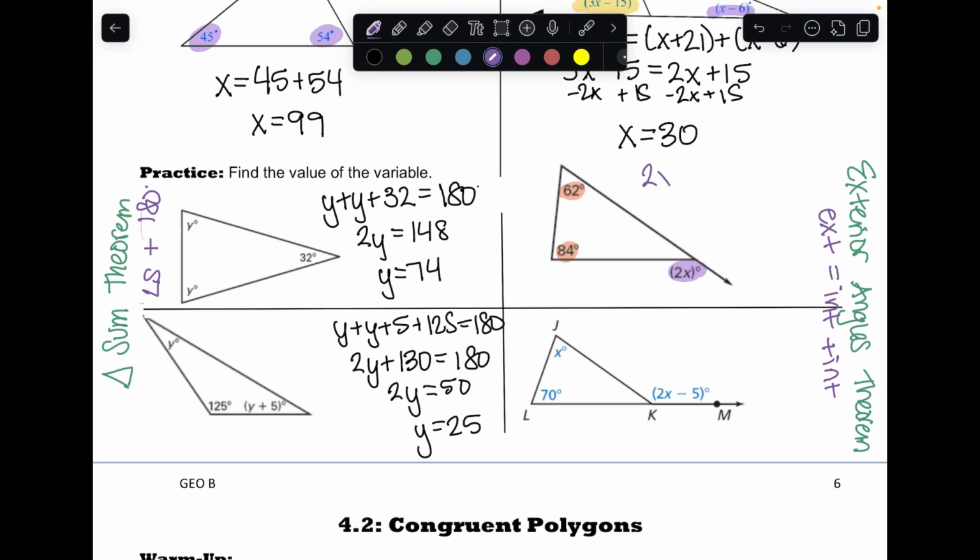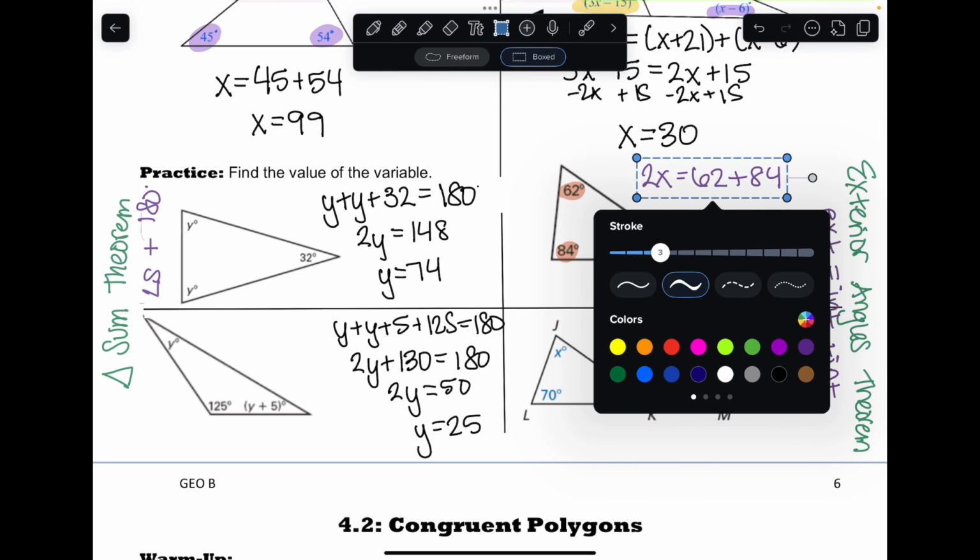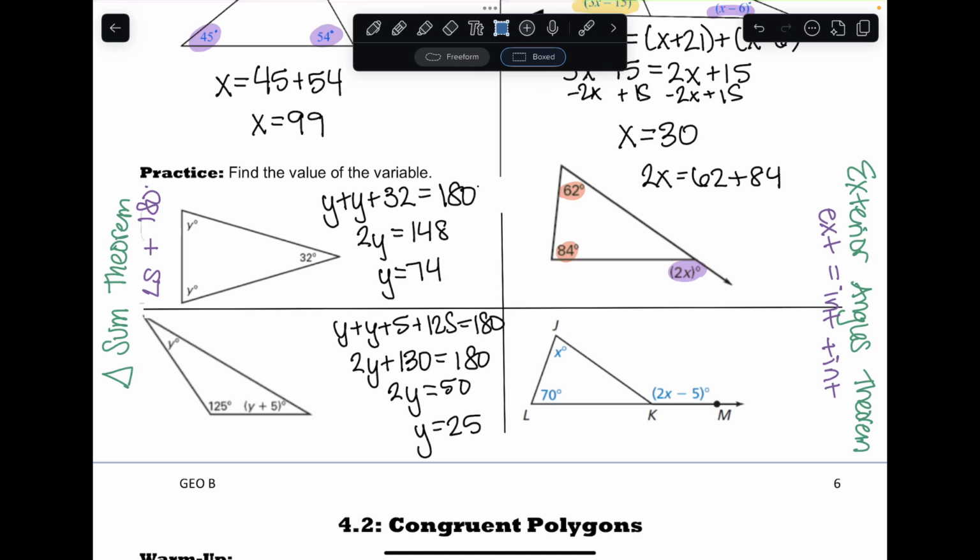So in this case, 2x is equal to 62 plus 84. And now we just have to solve for x. 62 plus 84, that is 146. And then divide by 2, we get 73.